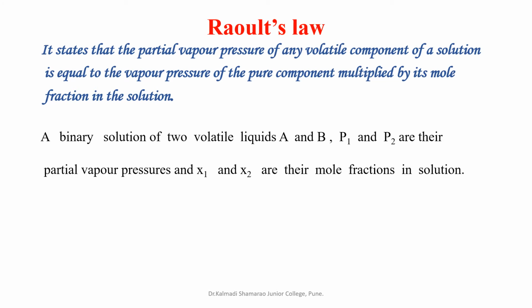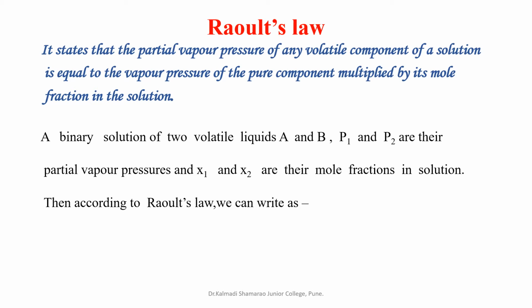For this, consider a binary solution of two volatile liquids A and B having partial vapor pressures P1 and P2, with X1 and X2 as their mole fractions in solution.